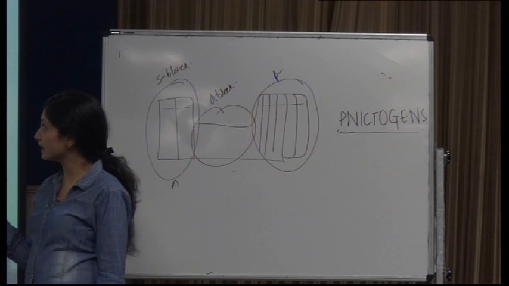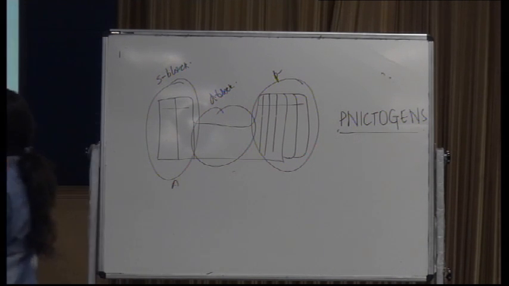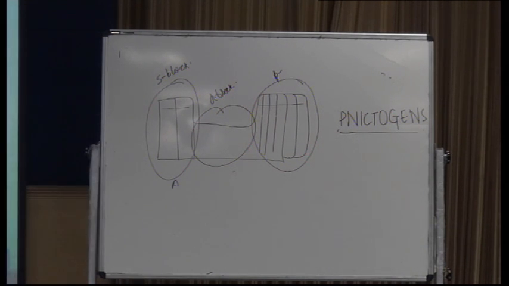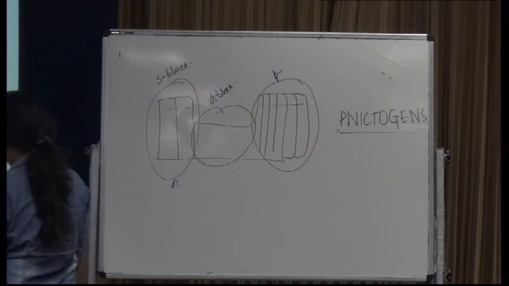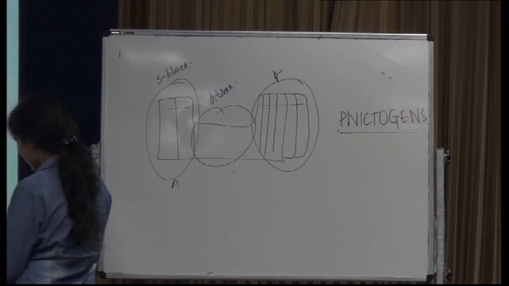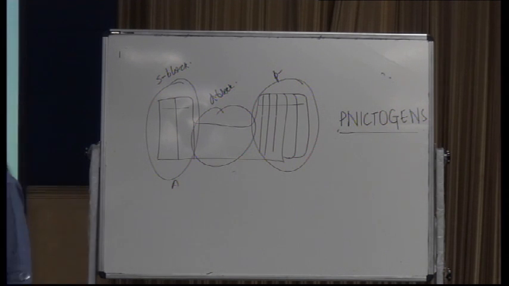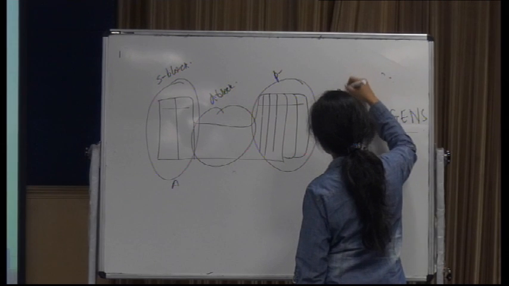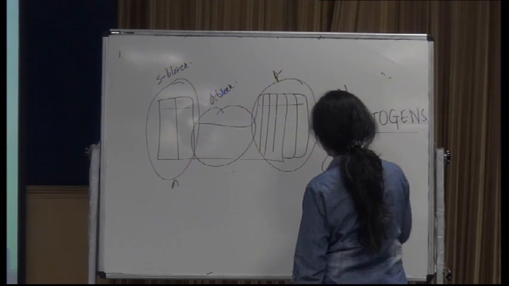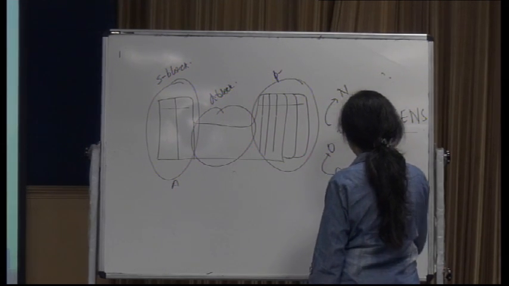So remember that the nitrogen family is known as pnictogens, which means poisonous compound forming elements. Then the oxygen family is known as chalcogens.